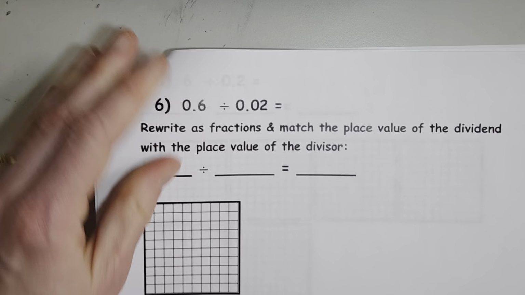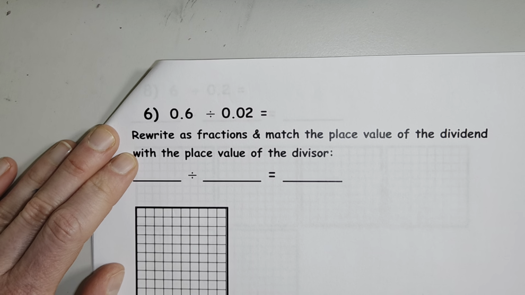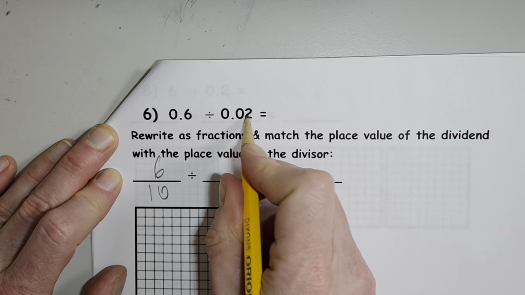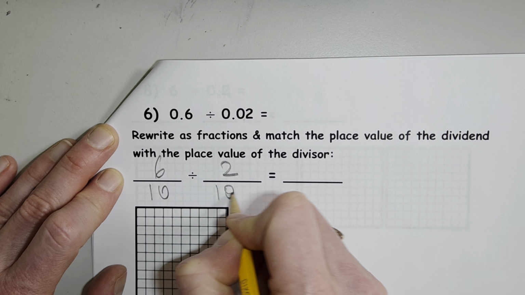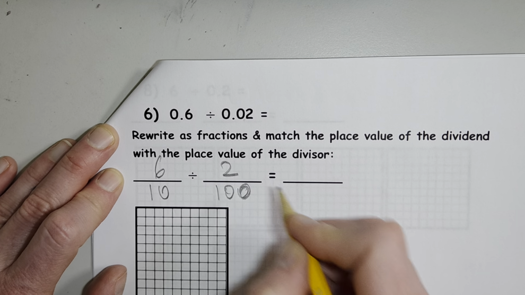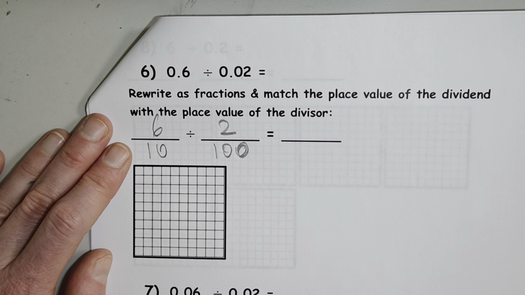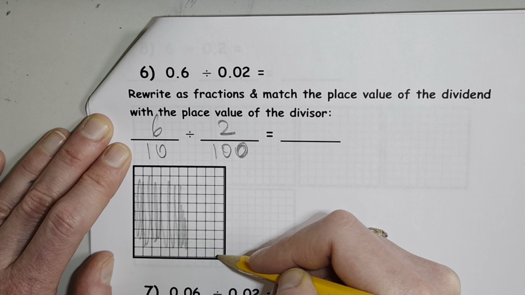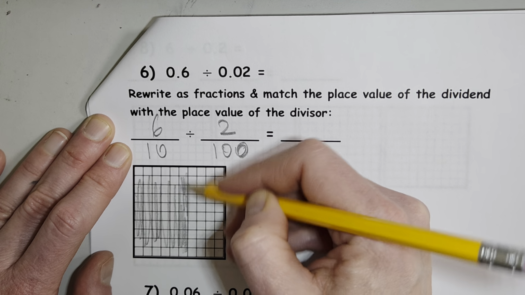Okay, the next page looks very similar, but in this case we're talking about 6/10 and 2 hundredths. Now, this is tricky. Let me show you why. We're talking about 6/10 here again.